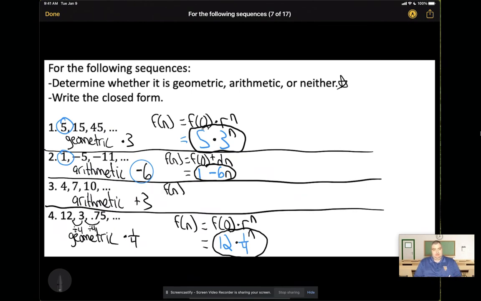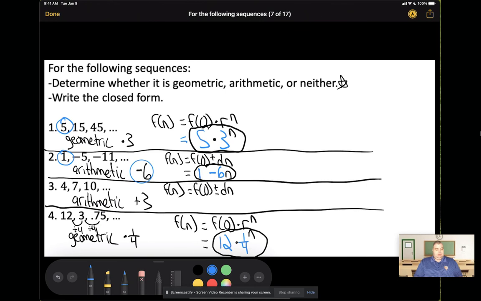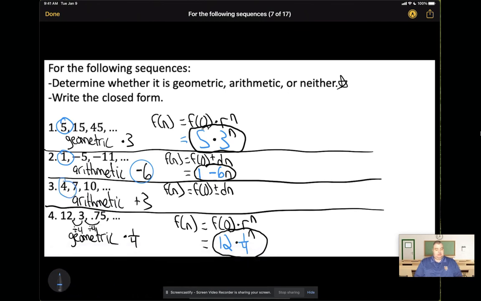So f of n equals f of 0 plus or minus d times n. So again, my starting term in this case is going to be 4. So f of 0 is 4.